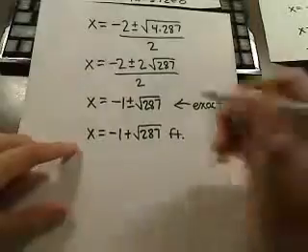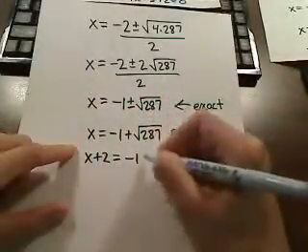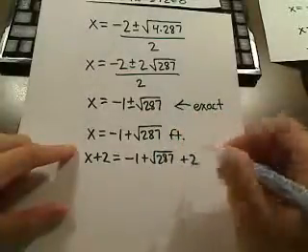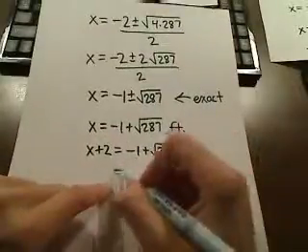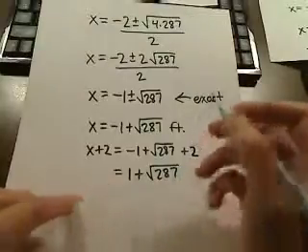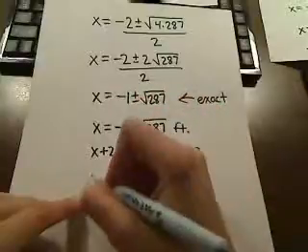The other one is x plus 2. So we would have negative 1 plus the square root of 287, plus 2. That's plugging this in for x and then adding 2. So positive 1 plus the square root of 287. So this is the other leg.